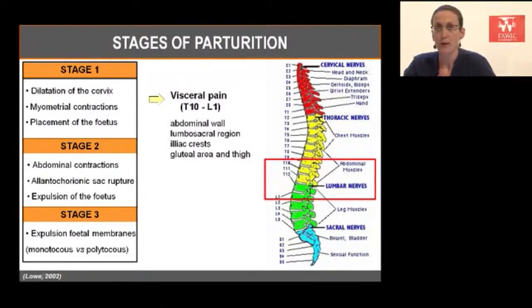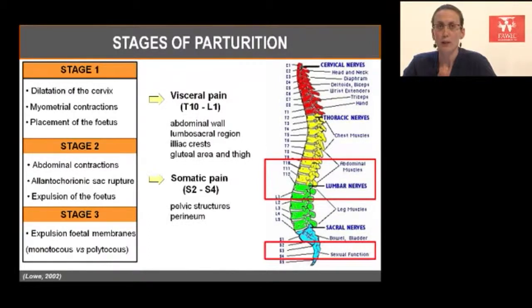Specifically, pain arrives to the abdominal wall, lumbosacral region, iliac crest, and gluteal area. It's characteristic of visceral pain that it is normally poorly localized and diffuse.